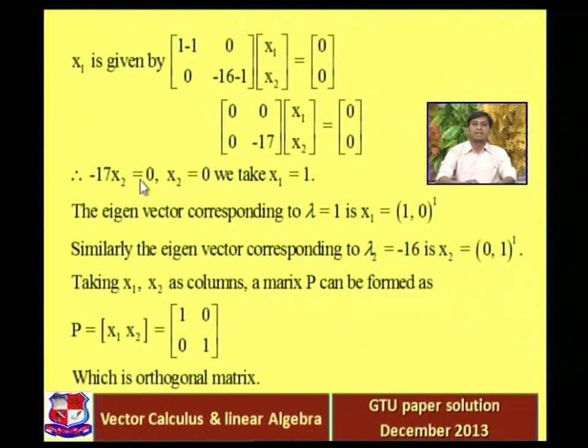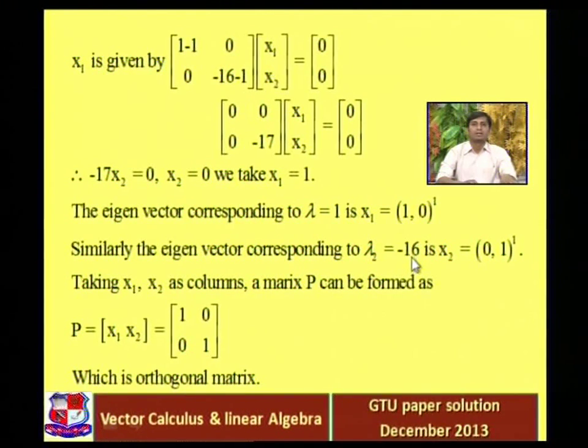So minus 17 x2 is equal to 0, so x2 is equal to 0, and we take x1 equal to 1, because x1 is now a free variable. If we take x1 equal to k, our eigenvector corresponding to lambda equal to 1 is (1, 0), and similarly we can also find the eigenvector corresponding to minus 16.